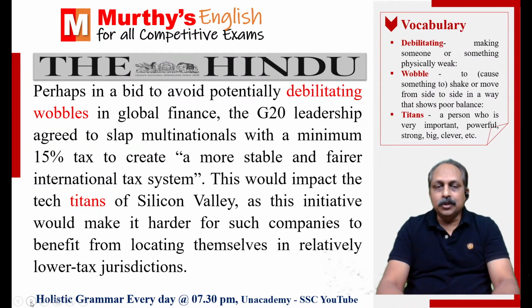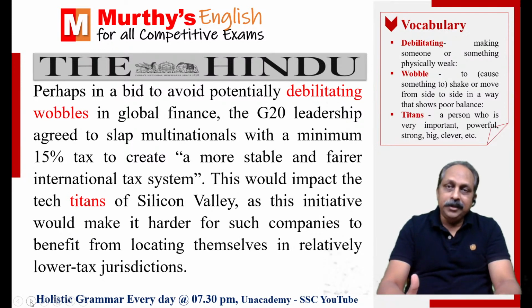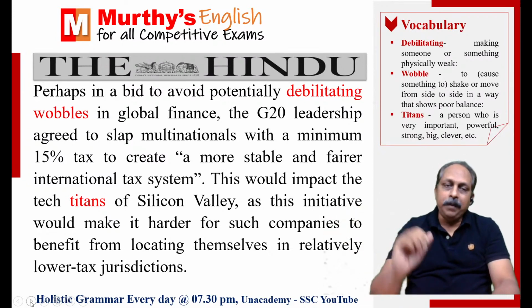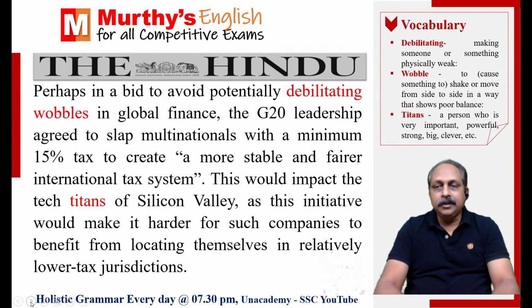They have decided to slap multinationals, big companies, with a minimum 15% tax to create a more stable and fairer international tax system. And what is the impact of this? This would impact the tech titans of Silicon Valley. Obviously, today we talk about the multinational companies. Many of them are IT companies, and many of these IT companies are in the Silicon Valley. So this sentence talks about the impact of this 15% tax, international tax system. This would impact the tech titans.